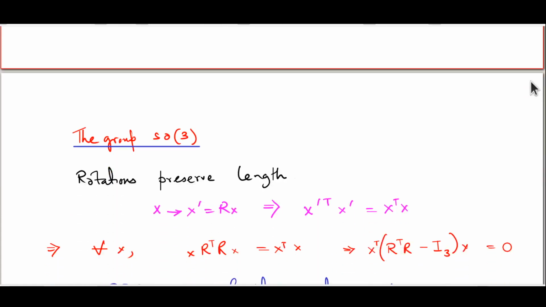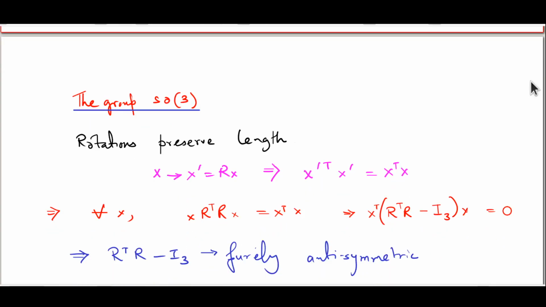Now, as you all know, rotations preserve length. So, a 3 by 1 column vector x, which can label the 3 components of a vector, changes under a rotation to x prime, which is given by some matrix R acting on x. But this R cannot be completely arbitrary.